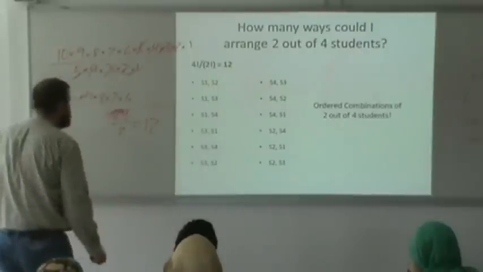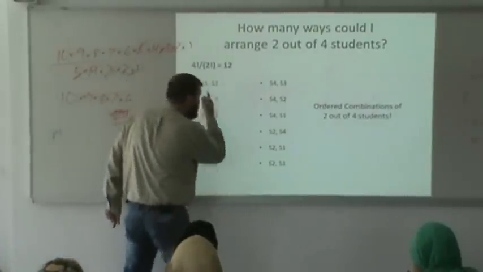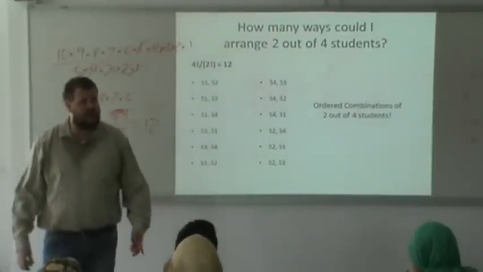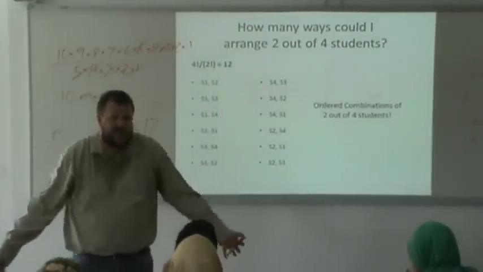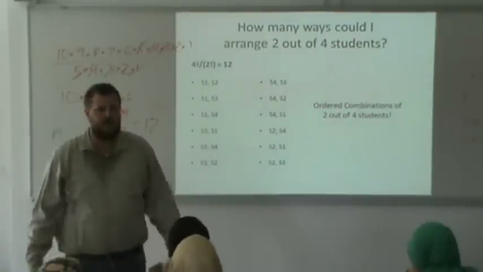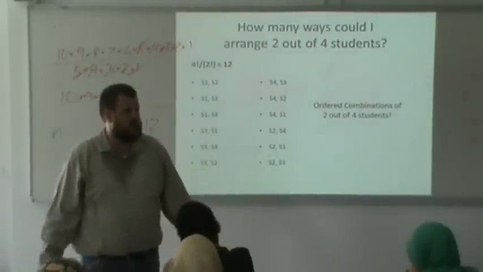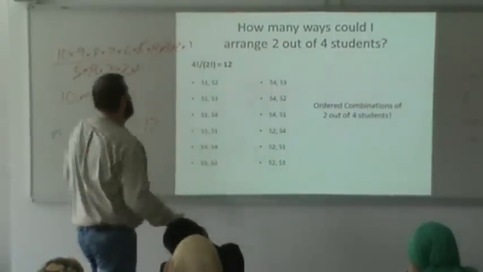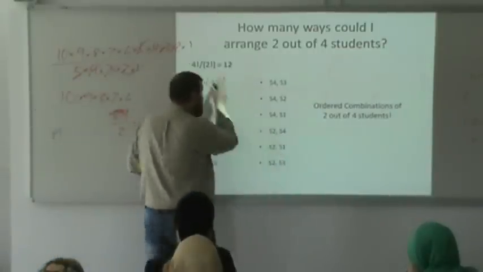Now, if you look at this, S1, S2, S2, S1. If the prizes are the same, it doesn't matter if I call you first or I call you second, right? You still get the same prize. So really, who cares about the ordered combinations here?